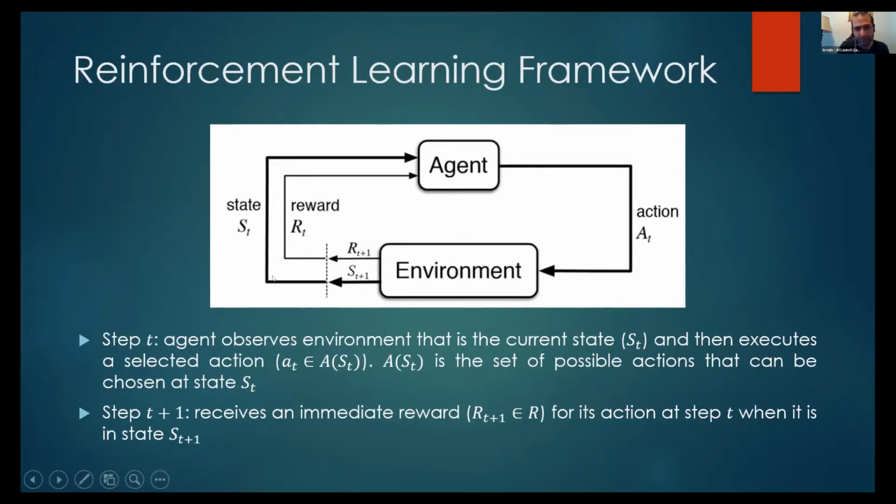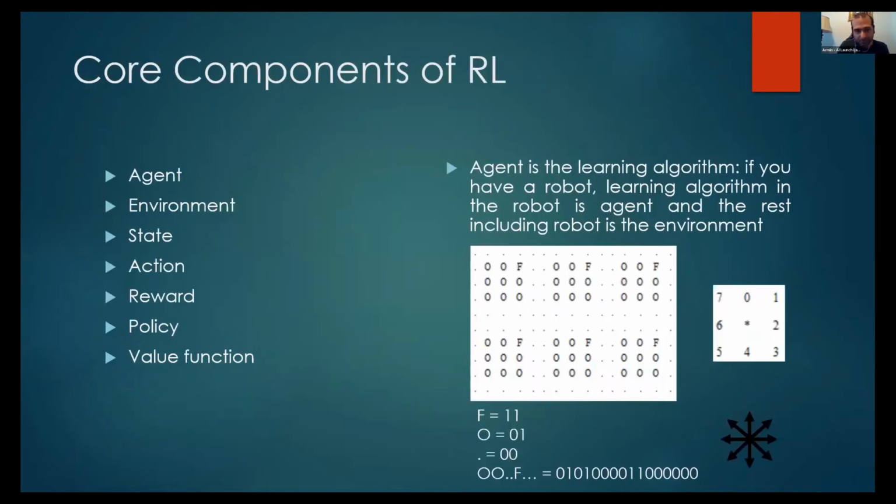In the next step, when the agent goes to time t plus 1, the agent receives a reward, shown by r at t plus 1. Based on this sequential procedure, the agent tries to learn how to act in the future.